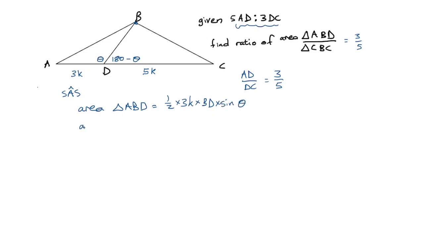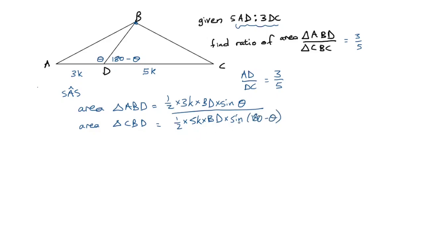The area of triangle CBD would be, and I'm comparing these, I'm just going to put it as a divide, half the base times, again, the side on the other side of the angle in question, times sine of the angle, 180 minus theta.